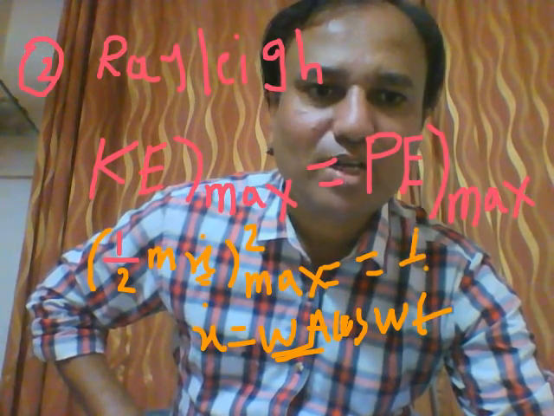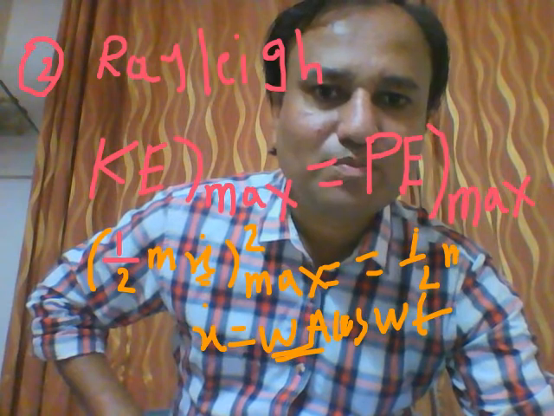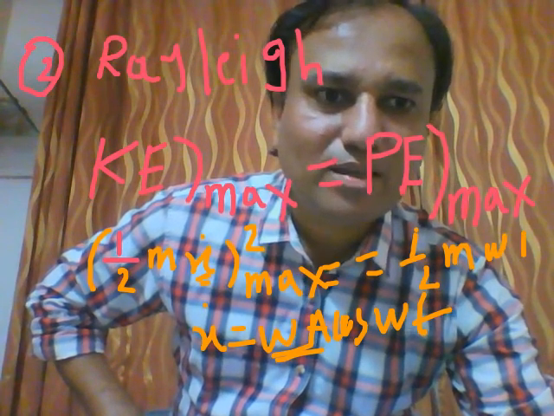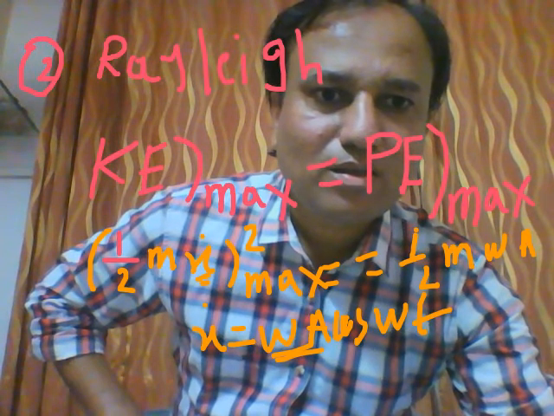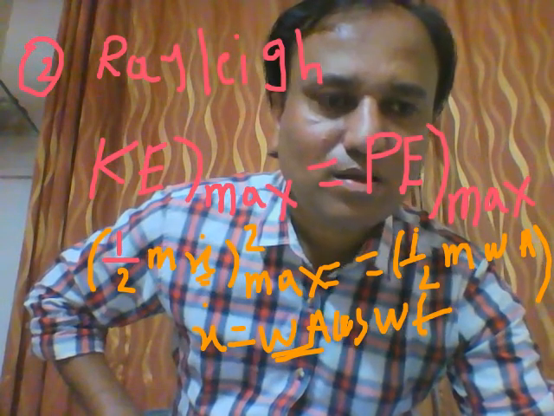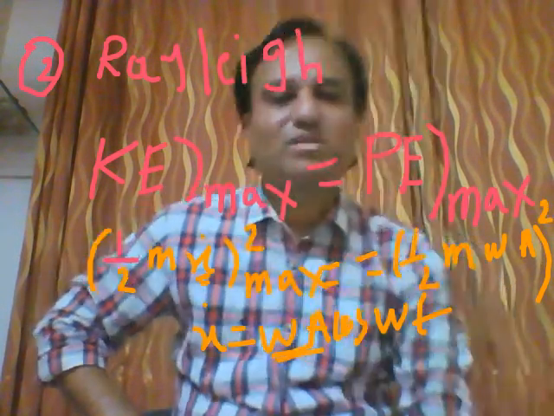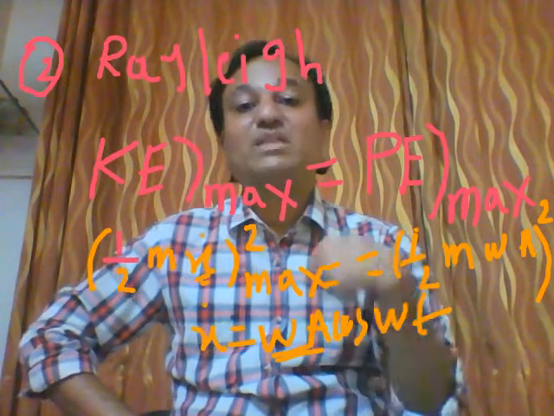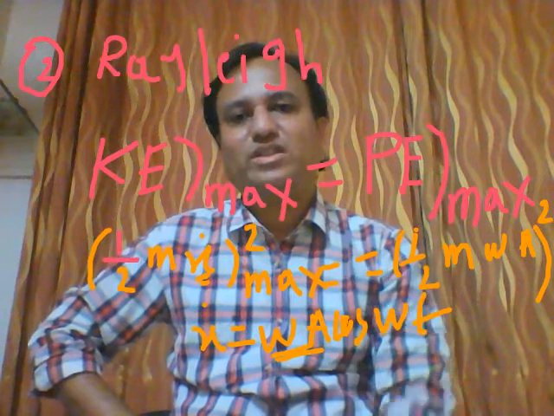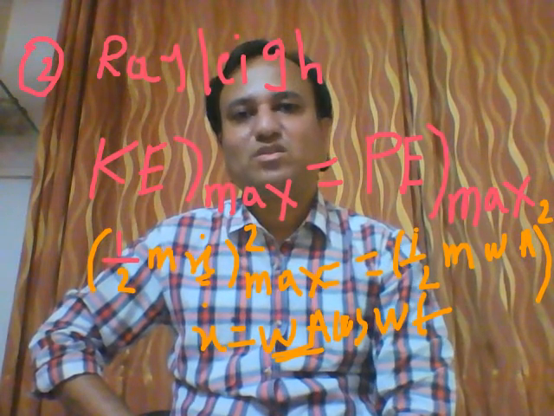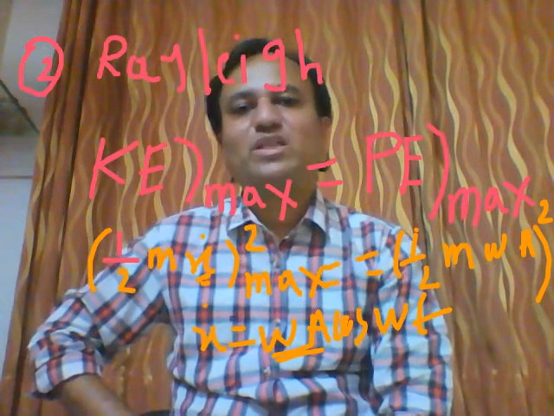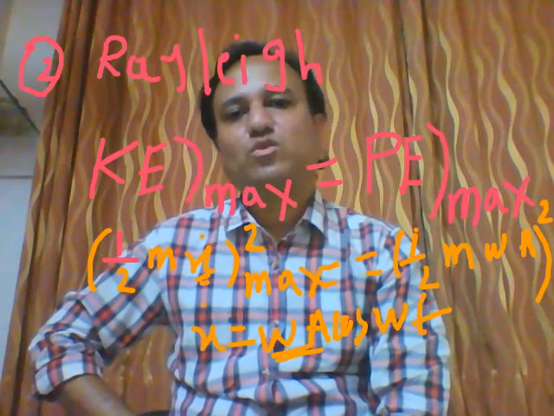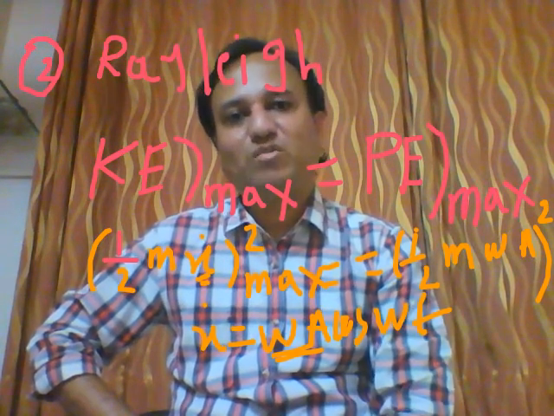So I will write 1/2 m times omega a, whole square. Understand, student: to get maximum kinetic energy, velocity should be maximum. For simple harmonic motion, velocity x dot is omega a cos omega t. When velocity is maximum, then KE will be maximum.